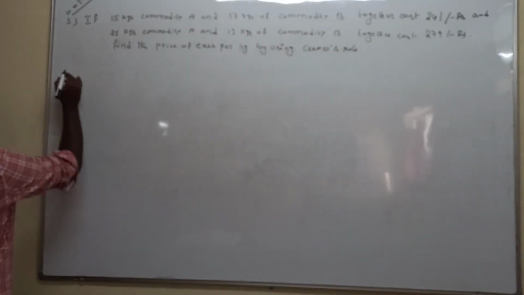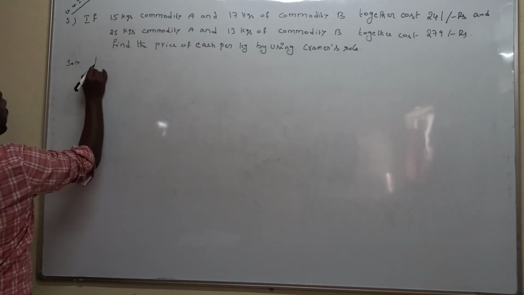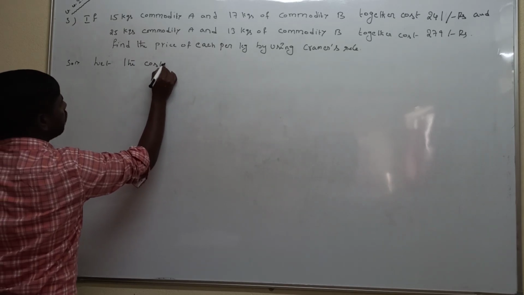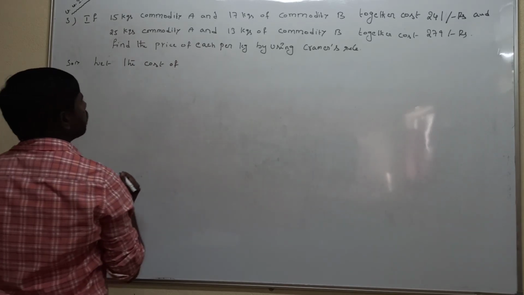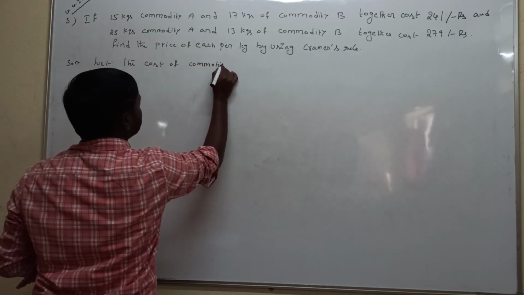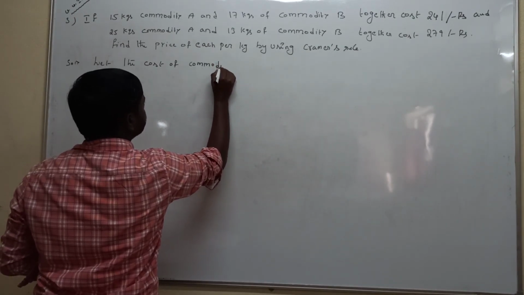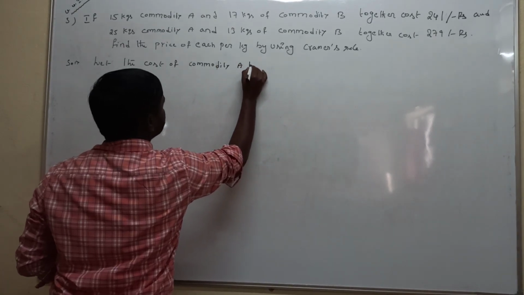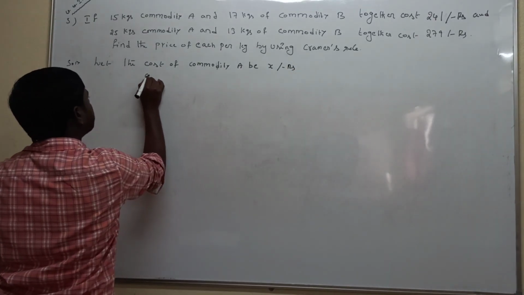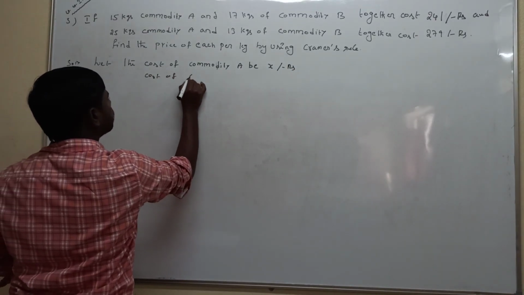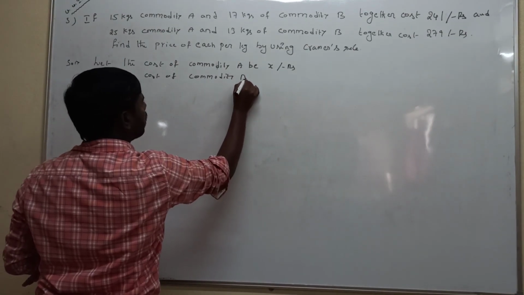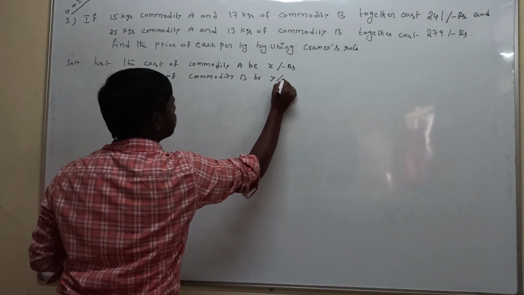So according to the solution, let the cost of commodity A be x rupees and the cost of commodity B be y rupees.